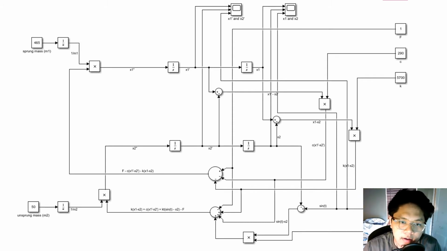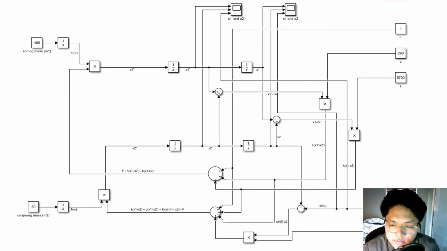So here we have x1 double dot, or acceleration of x1, then integrate twice, and then you should get these values. It loops around, and then we get back here. And then we have the two scopes for x1 prime, x2 prime, and x1 and x2.